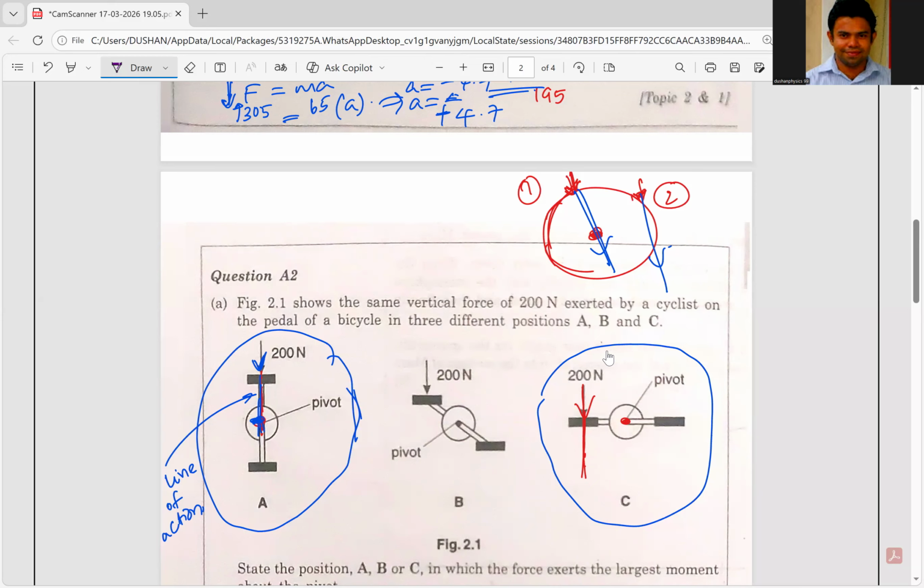You can't just parrot it. You have to understand the real meaning. It is the perpendicular distance from the pivot point to the line of action.